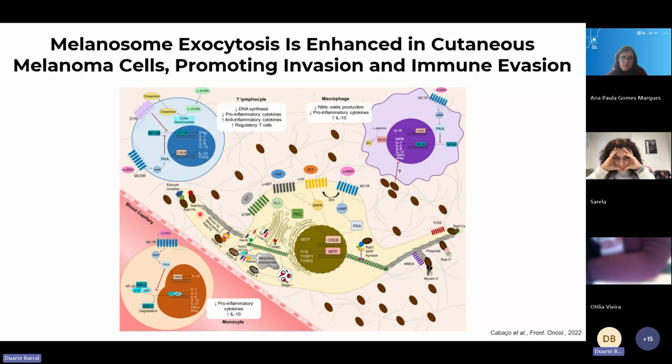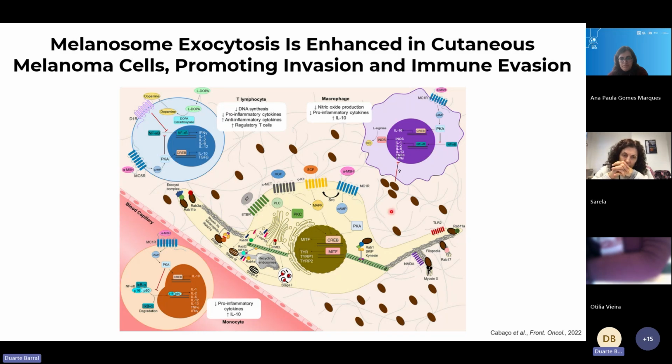So our hypothesis is that melanocytes, or in this case melanoma cells, secrete melanin. That melanin is going to influence the tumor microenvironment, going to change it, and namely inhibit this immune response mediated by immune cells like T cells, macrophages, and monocytes.